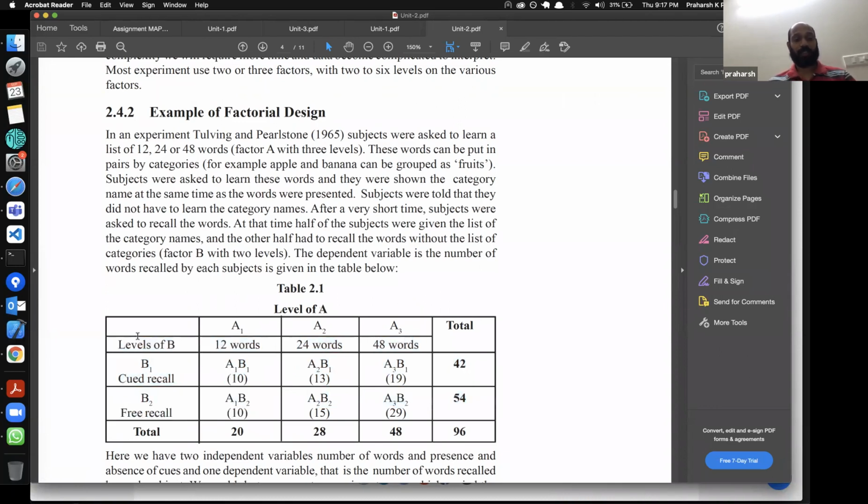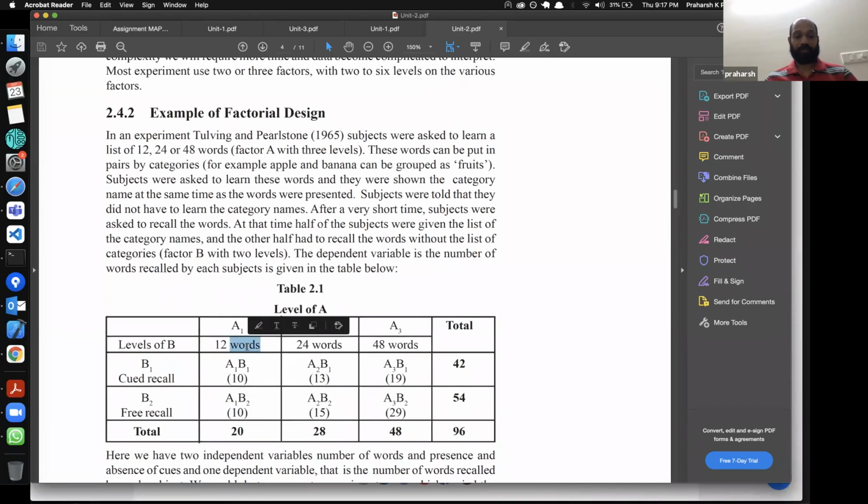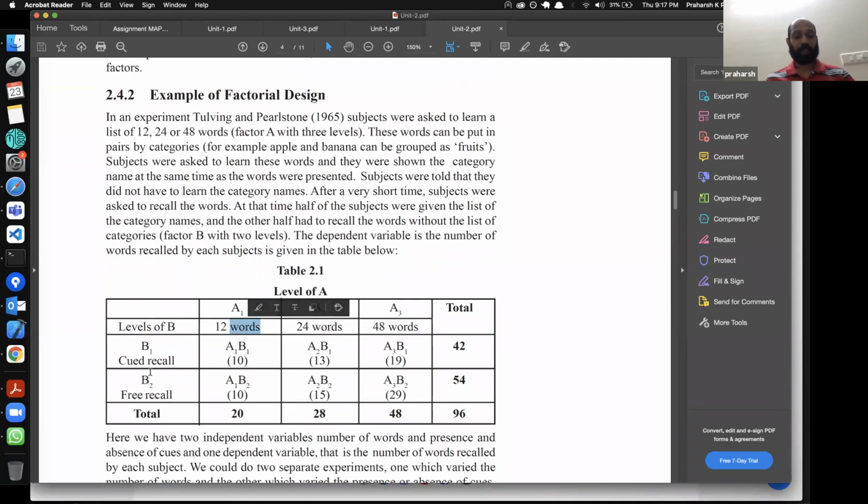How does the sample set perform if we introduce one more variable? The variable is the number of words. So we conduct the same experiment, cued and non-cued recall, with 12 words, 24 words, or 48 words. Now we have a 2 into 3 matrix.